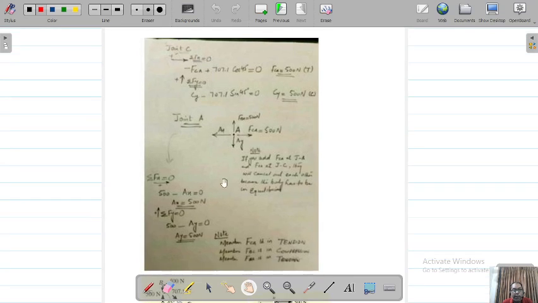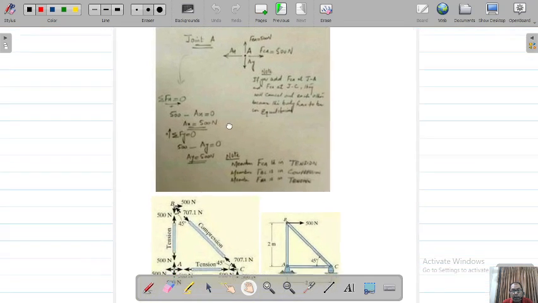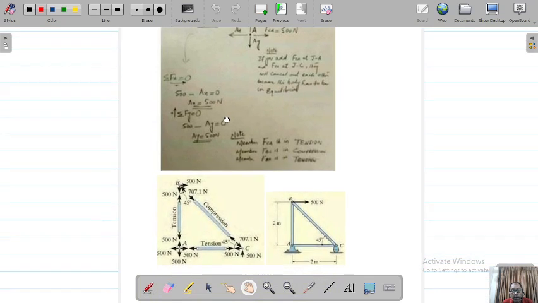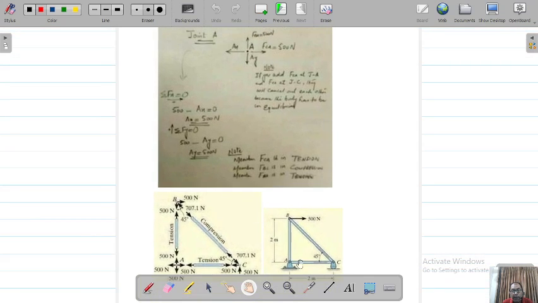At joint C, it will be minus force CA plus 707.1 cos 45 equal to 0. You can see over here, these were our respective components.